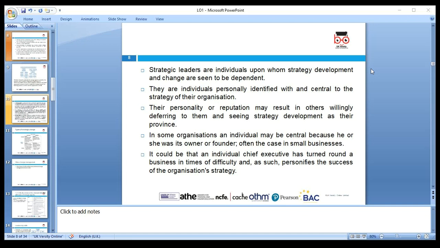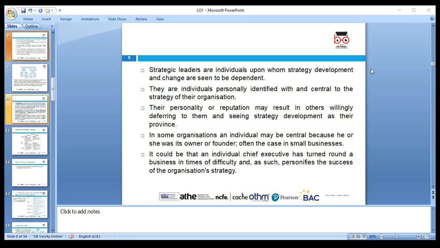Okay, so strategic leaders are the individuals on whom strategy development and change depend. They are the individuals who personally identify with and are central to the strategies of the organization. Their personality and reputation result in others willingly deferring to them and seeing strategy development as their province.